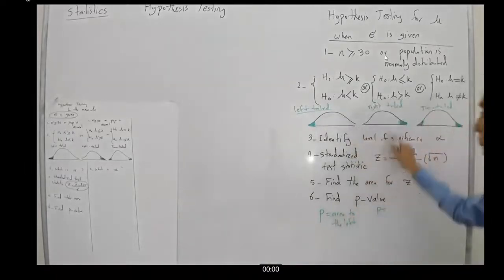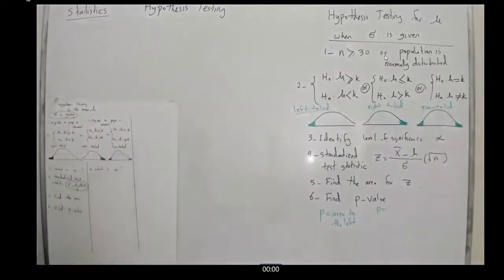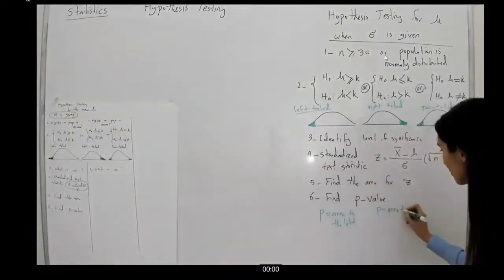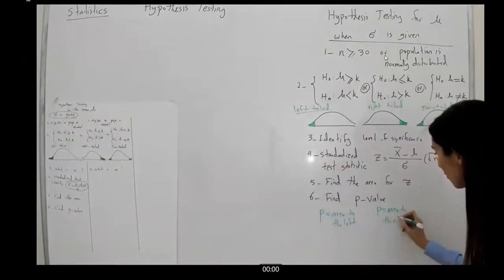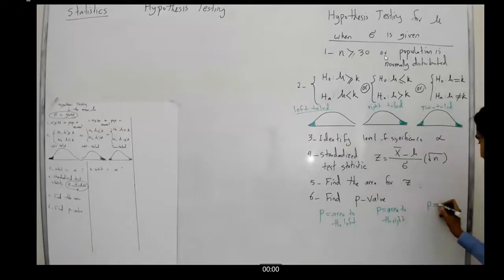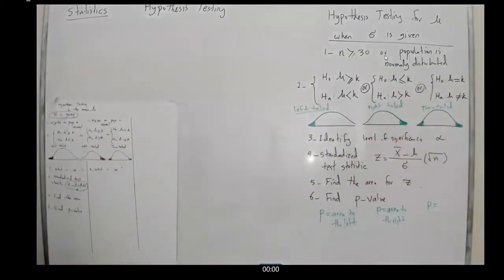Or if you have a right-tailed graph, what's the p-value? Area to the right. What if you have a two-tailed graph? What is the p-value? 2 times the area in the tail, 2 times the area to the left.